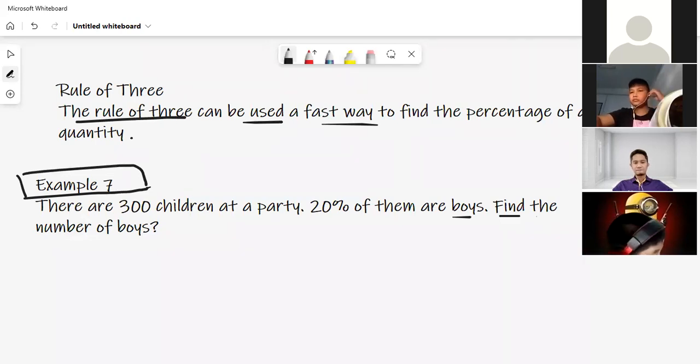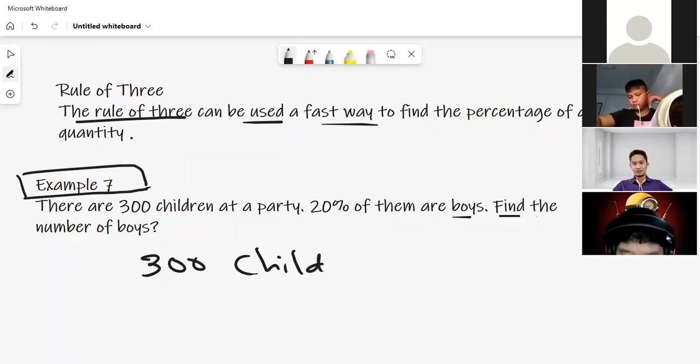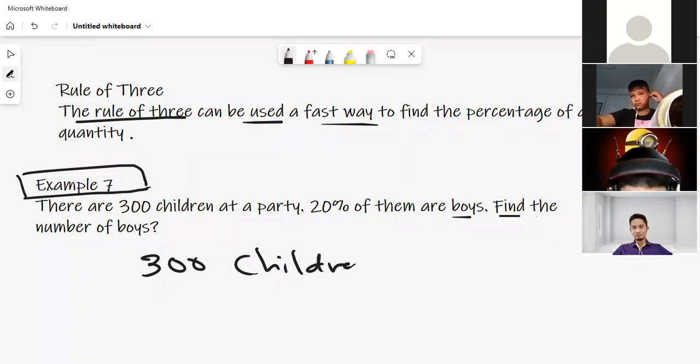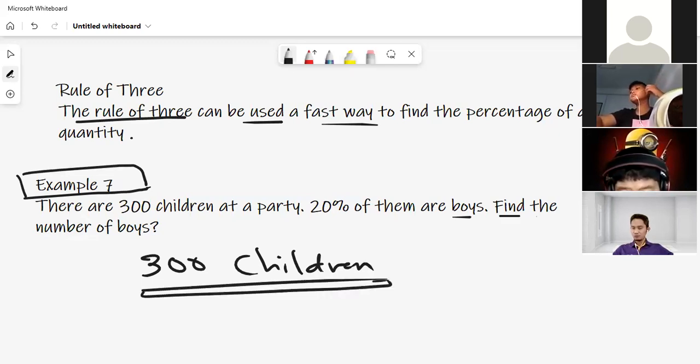The problem here, there are 300 children at a party. So we don't know how many are boys, how many are girls.